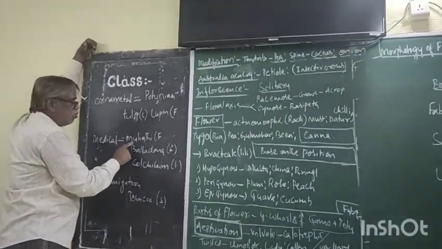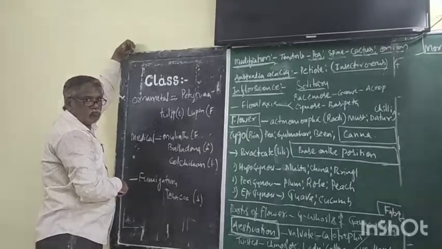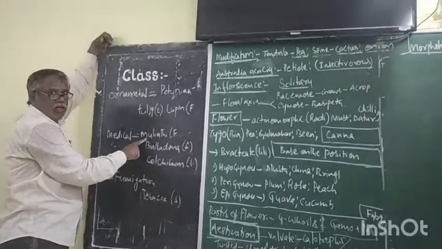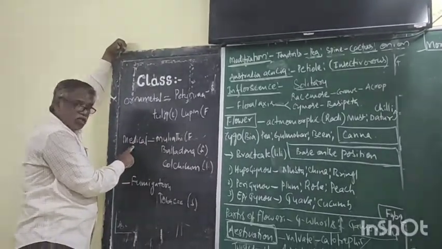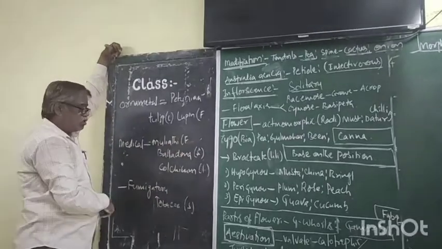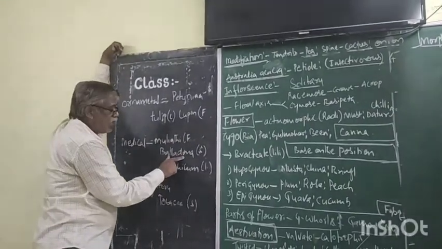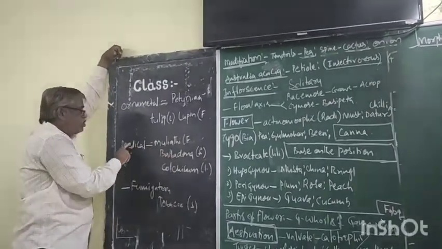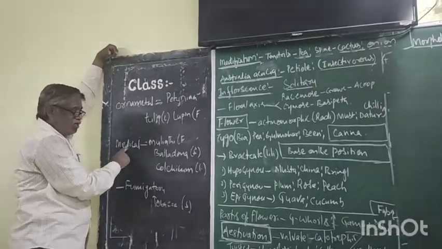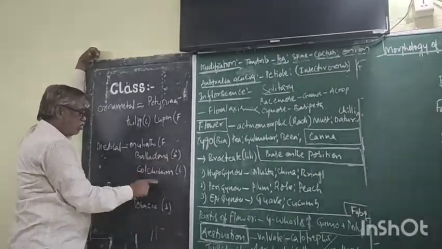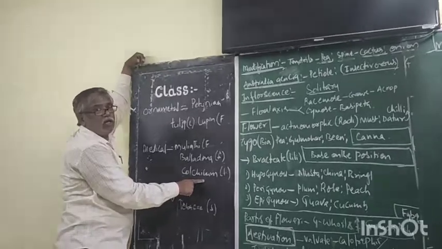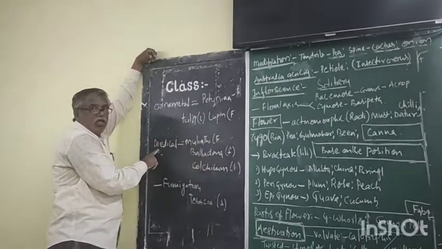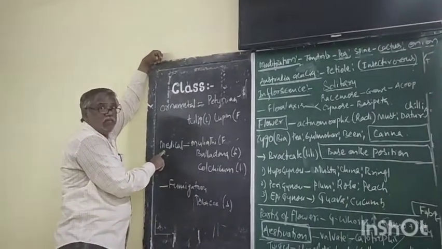Now come to the medicinal value. Mulethi is the name of a plant. It is used as medicine. It belongs to Fabaceae. Belladonna is the name of a plant which is used in medicine. It is a Solanaceae. Colchicum is the name of a plant which is used in medicine.